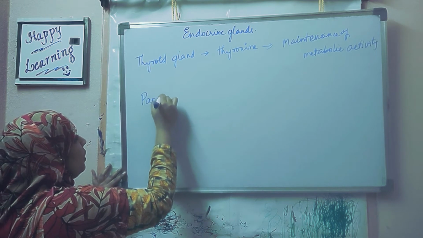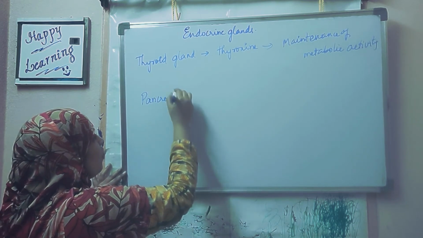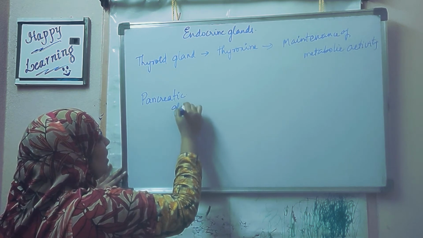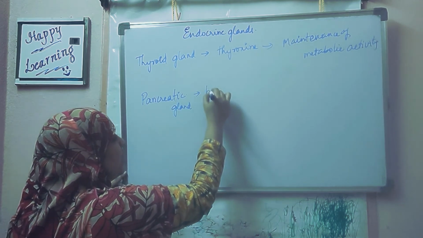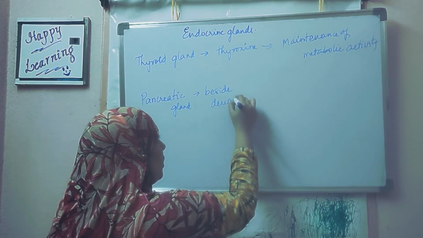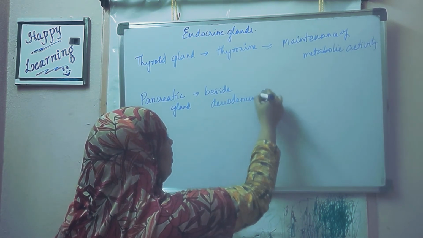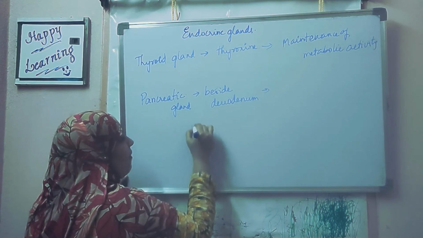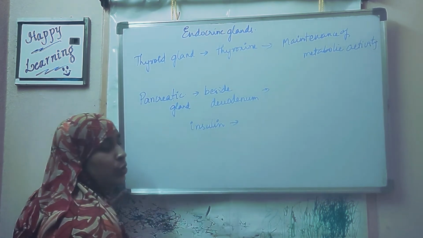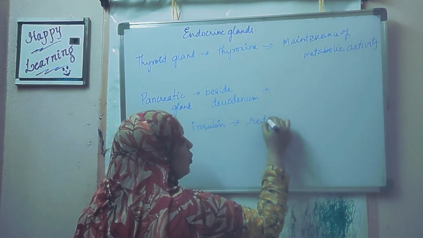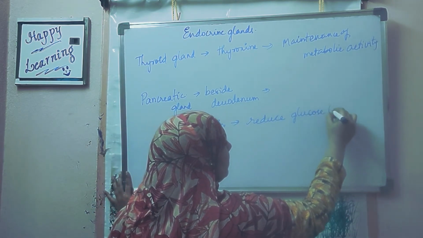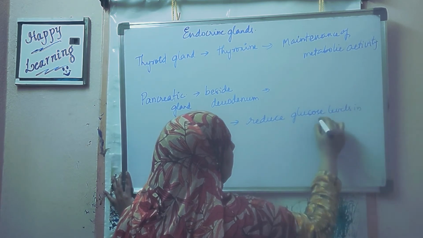Next hormone, after thyroid gland, the next hormone that comes is pancreatic hormone. Pancreatic gland is present beside duodenum, and it releases two hormones. One is insulin. Insulin is helpful to reduce glucose levels in blood.